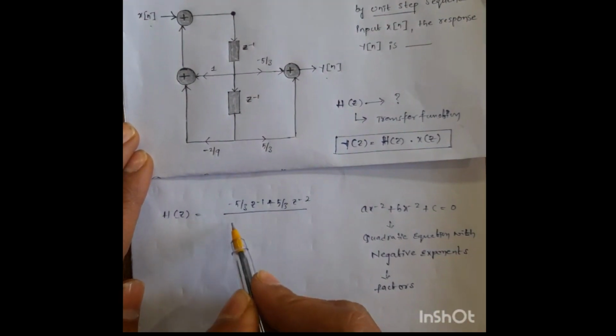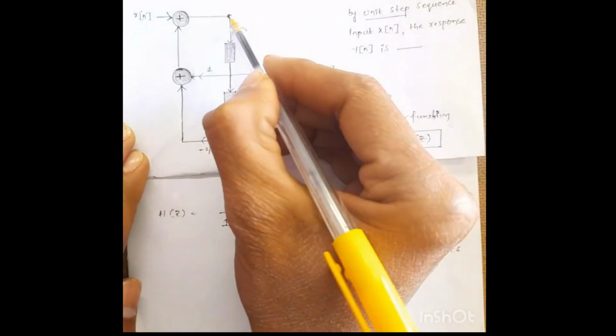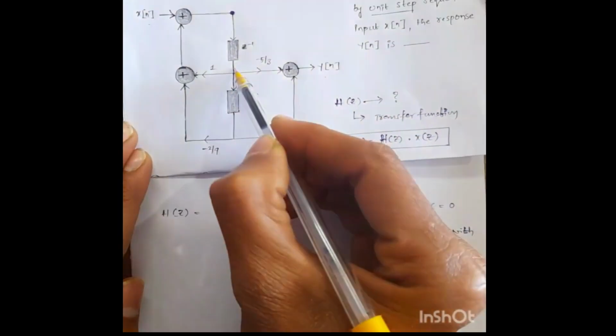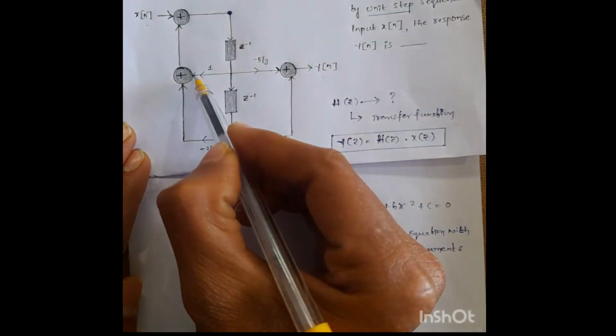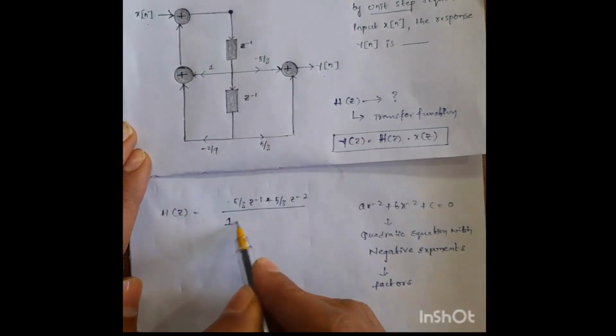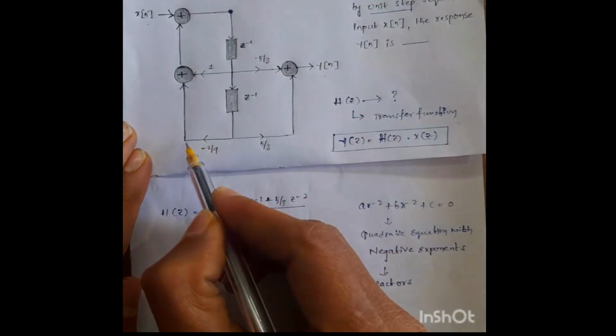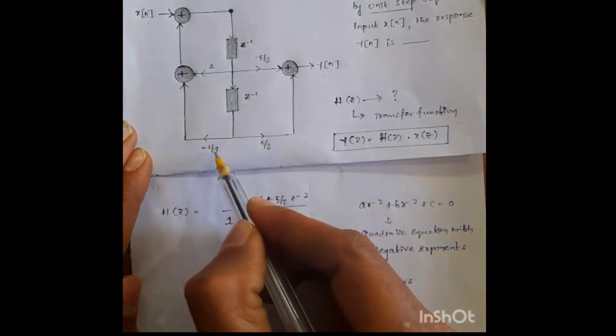Now always write in the denominator first 1 and then again travel from here. Now in the feedback path, it is 1 into z inverse, right? So take the opposite sign of it, so minus z inverse. Again travel through this path, z inverse into minus 2 by 9, so it is minus, right?